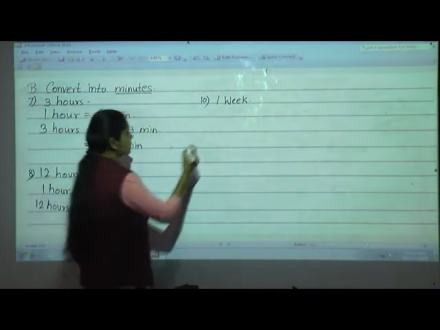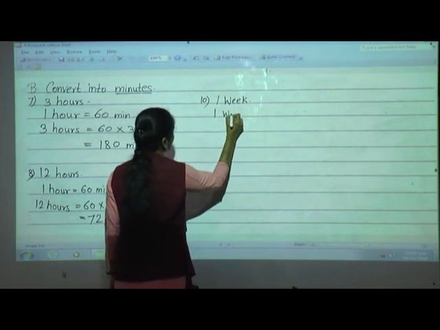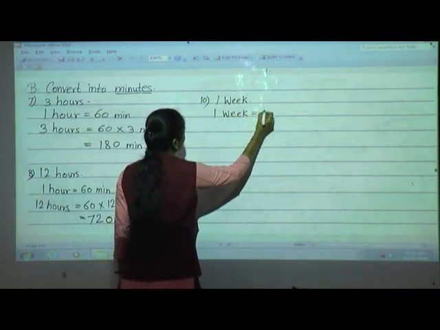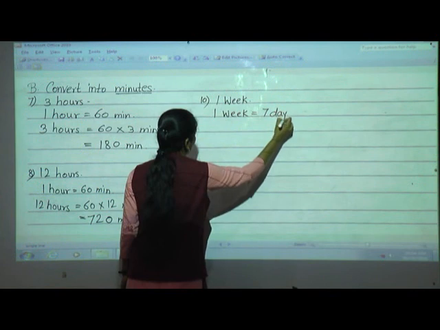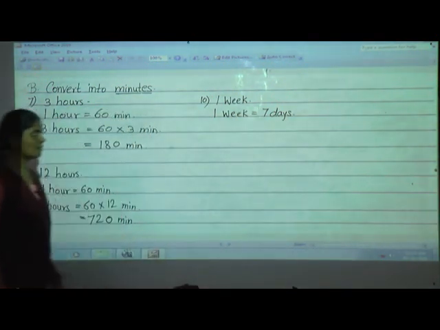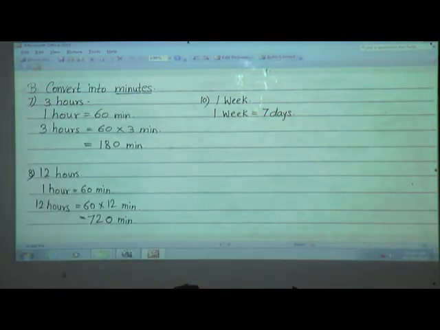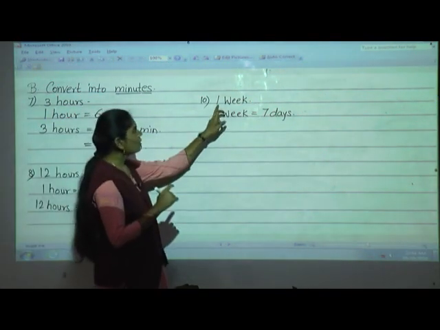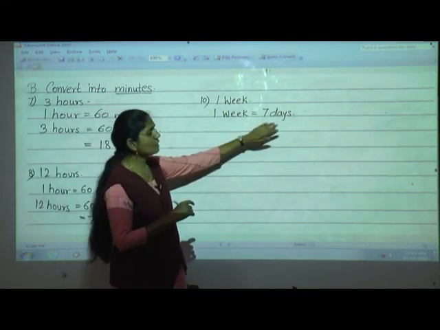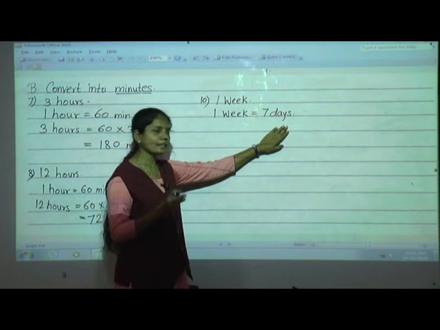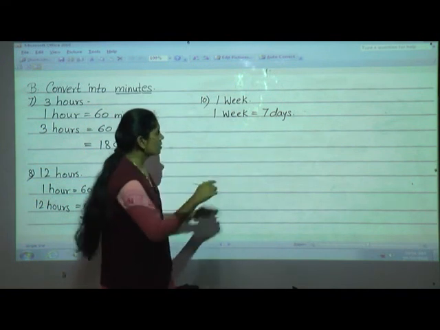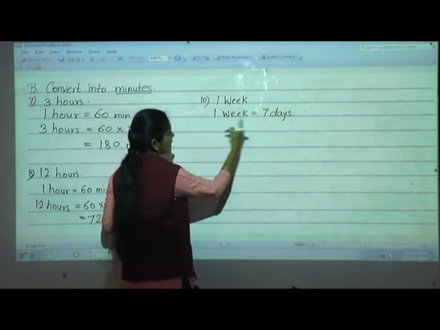Now 1 week is equal to how many days? 1 week is equal to 7 days. Okay, now this 7 days we have to convert into minutes. So for that first we will write 1 day is equal to 24 hours. See here, first this week we will convert into days, and then that days we will convert into, yes, hours. So here 7 days, 1 week is equal to 7 days.